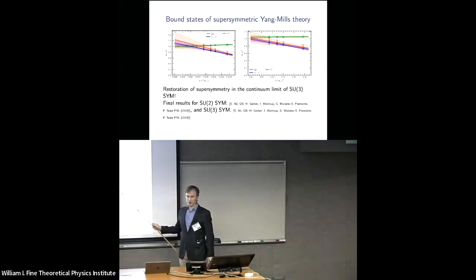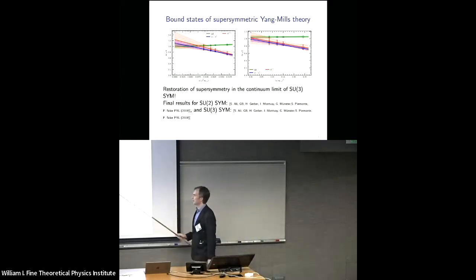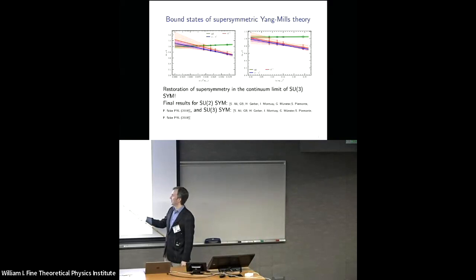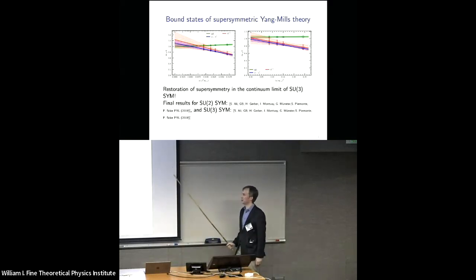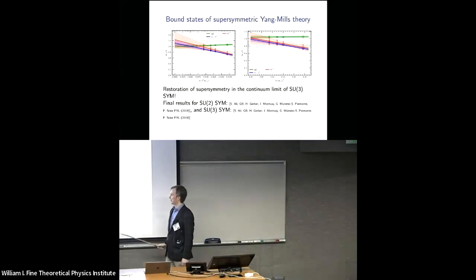So the first results I want to present here are the bound states of supersymmetric Yang-Mills theory. What you can see here is a scalar particle, then a pseudoscalar particle and this fermionic particle. And as I said in the beginning, we expect that they should all have the same mass. Here you see two different kinds of extrapolations to the continuum limit, assuming a certain dependence on lattice artifacts because we use an improved action.